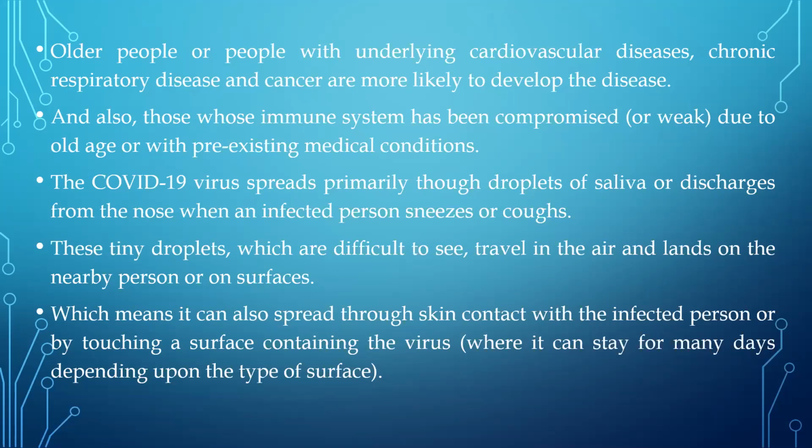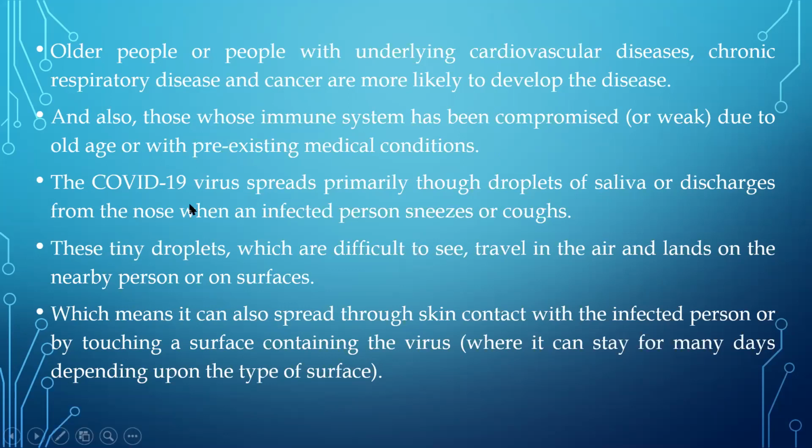So anyone having a weaker immune system, especially older people, or people having cardiovascular disease or cancer, or any pre-existing medical conditions in which the immune system is weaker, those people are more vulnerable to that particular disease. The disease is going to spread very easily in such individuals.